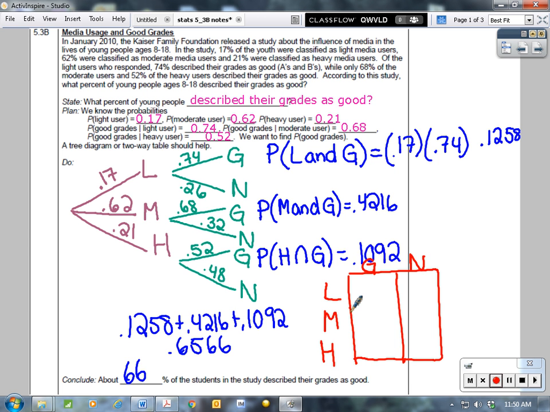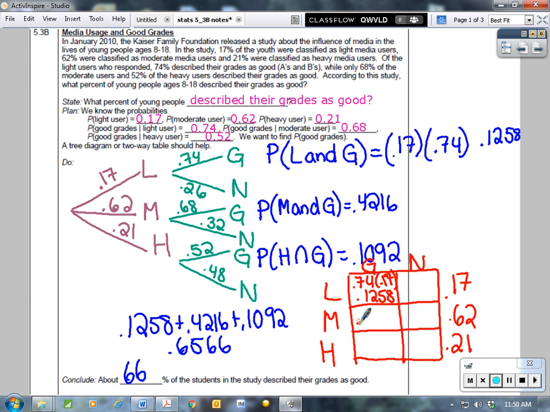And so of my light users, 17% were light users, medium users, 62%, heavy users, 0.21%, and then 74% of my 17 are here. So then I would go ahead and times that out, and I'd get the 0.1258.